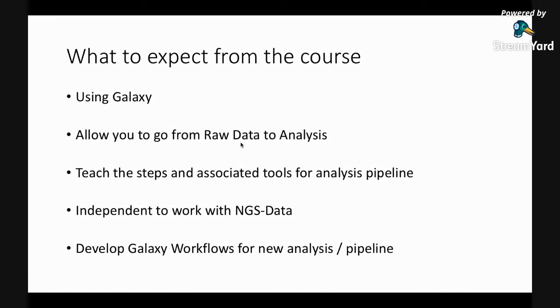At least get differentially expressed genes, or differentially expressed regions for ATAC-seq, along with the p-values or statistical significance. So at least the basic pipeline you should be able to do by yourself. That is why we will go through all the steps and the tools in this analysis pipeline. It should allow you to work independently with your NGS data without getting any support from bioinformaticians.